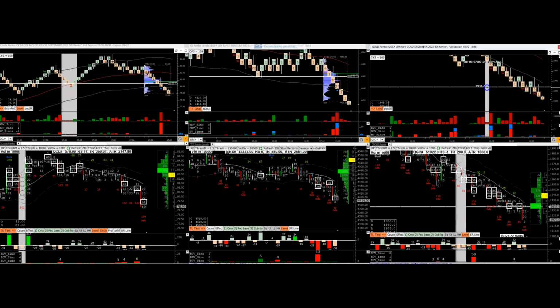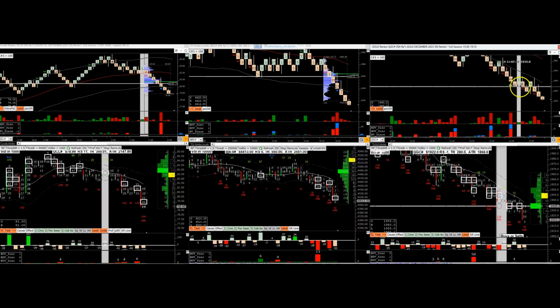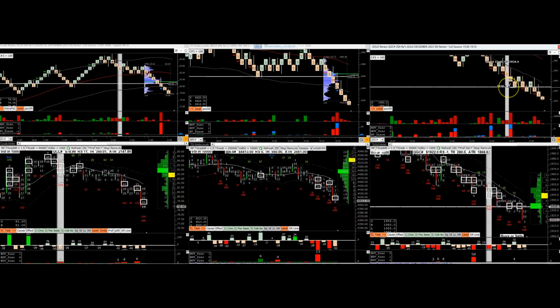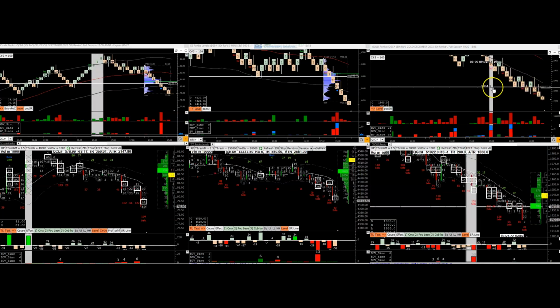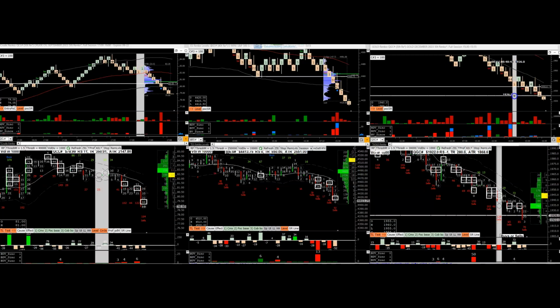Gold is, say the level should be right there. What's this? That's the low.